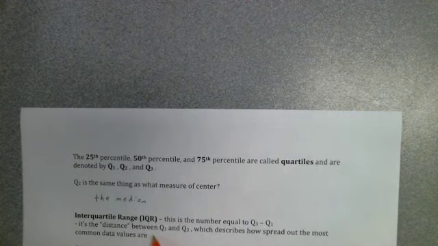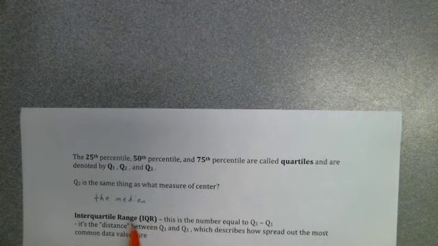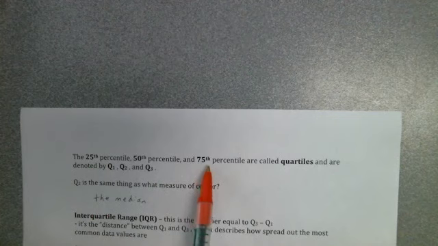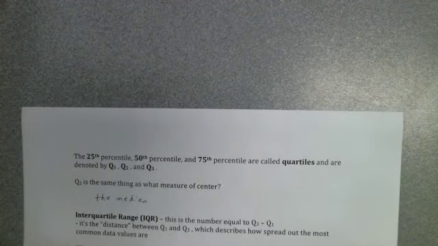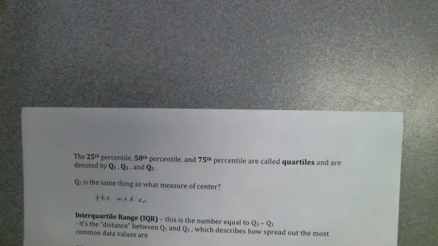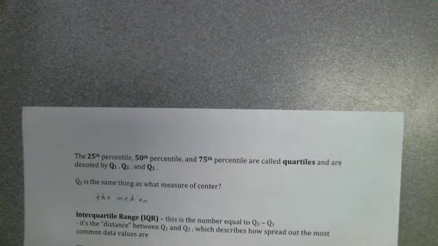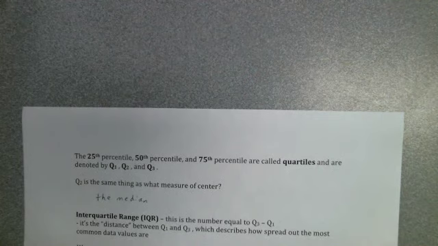The most common data values are ones between the 25th and 75th percentile. So if you subtract the 25th and 75th percentile from each other, that'll give you a rough measure of how spread out common data values are.